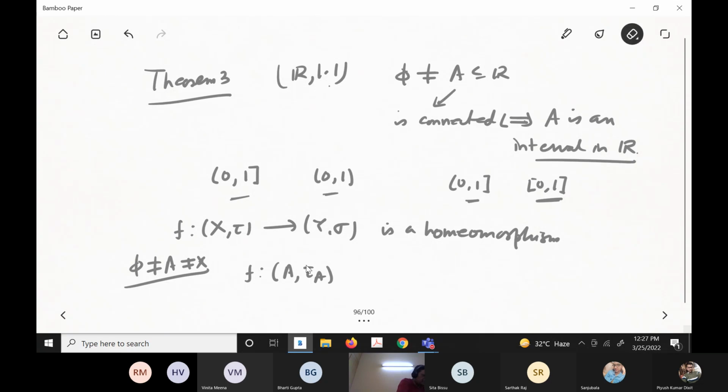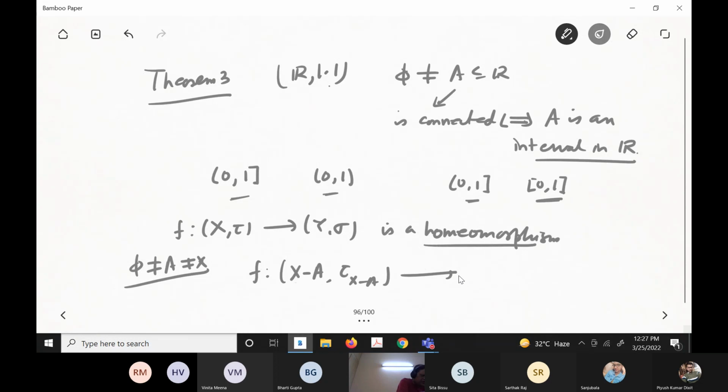I will do something else. F restricted to x minus tau, x minus. It is a one-to-one correspondence, so its image will be fx minus fa. That means y minus fa.